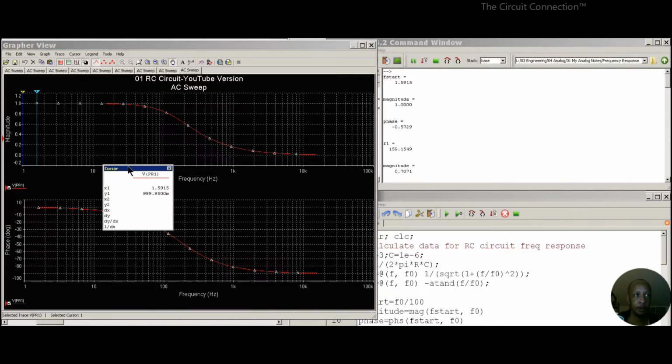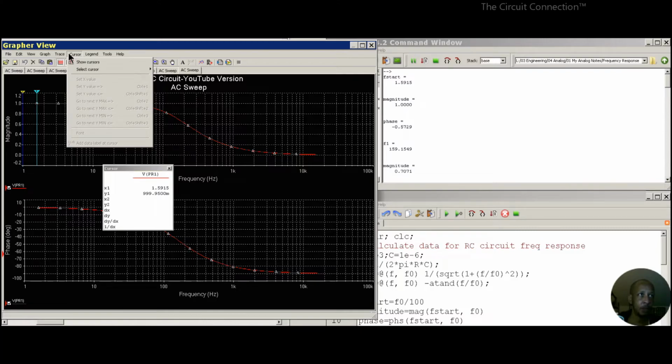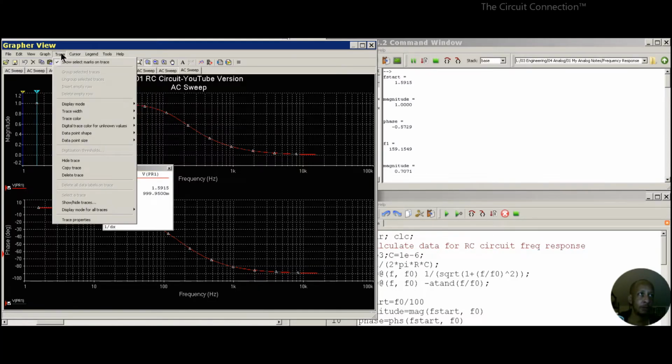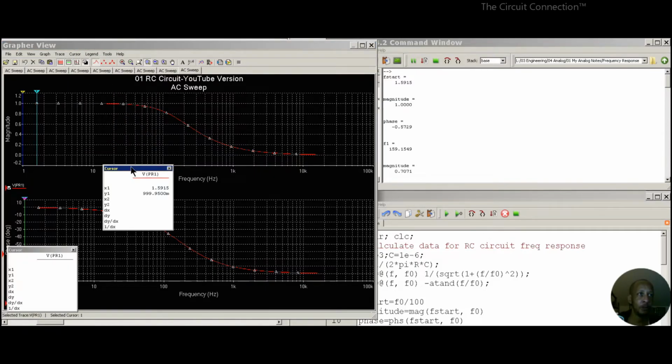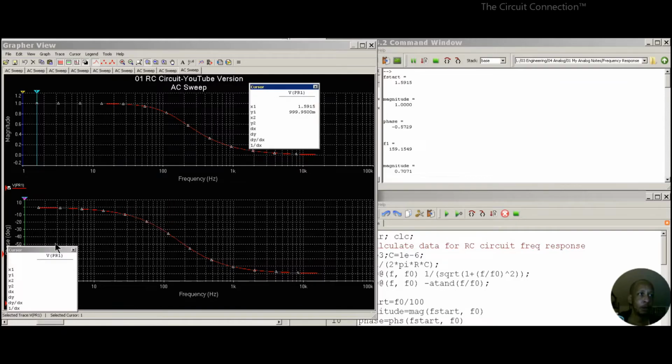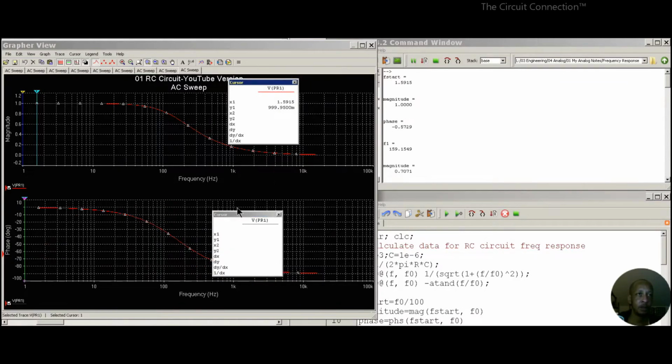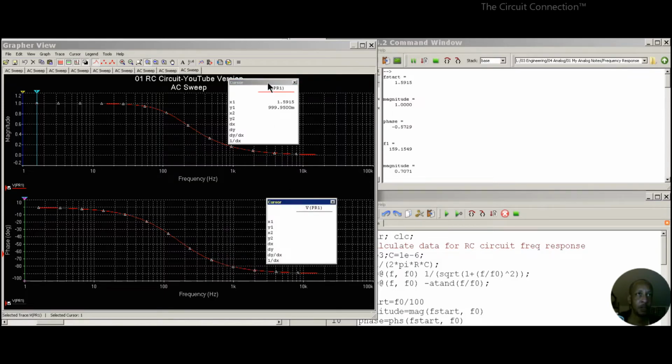So anyways, let's go on to the phase part of it, just for that one same particular point. Let's take a look. What you're going to do first is turn on the cursors for that. That's a different cursor. So I'm just going to put this up here, position it that way.